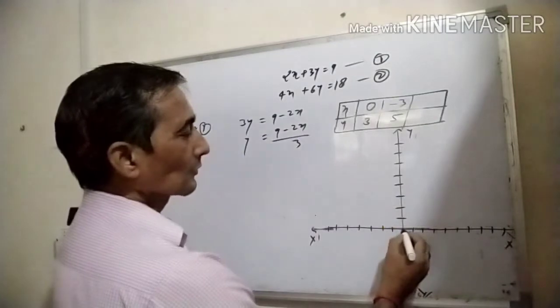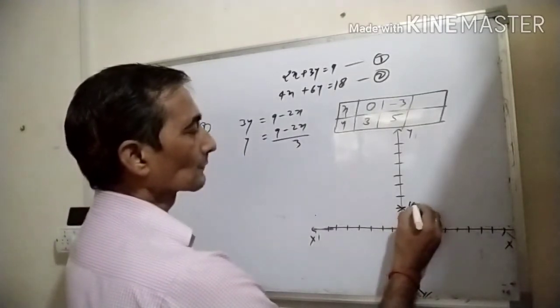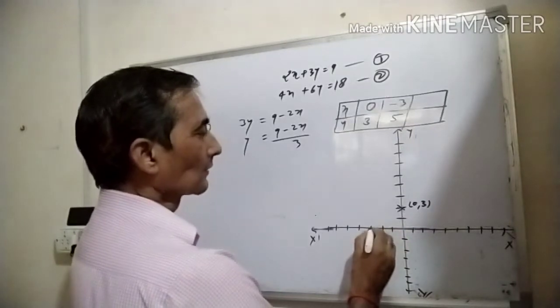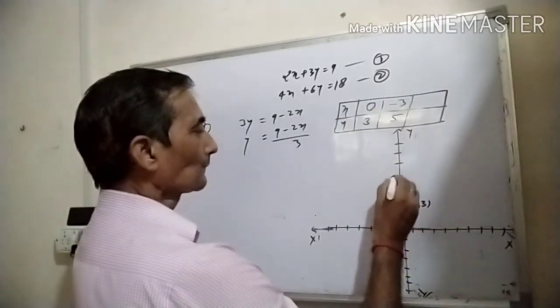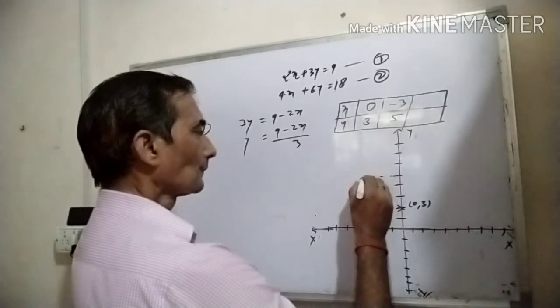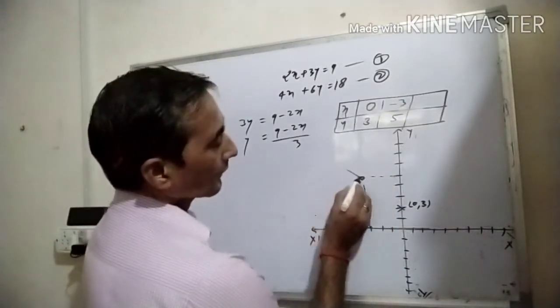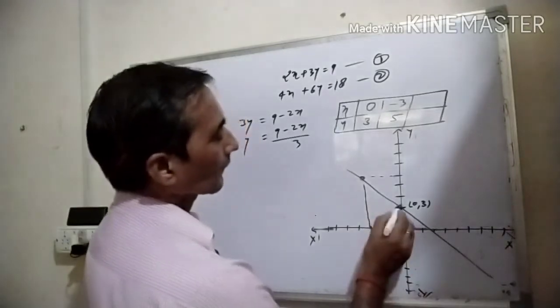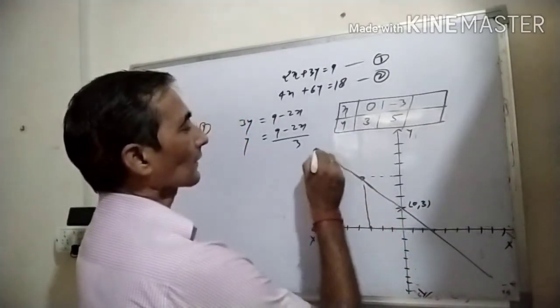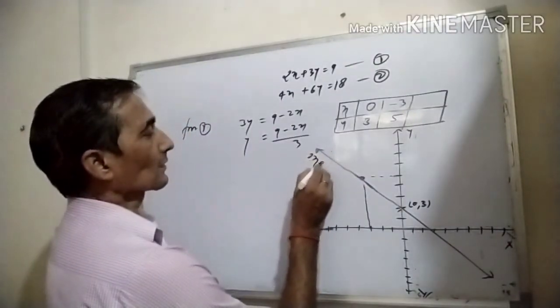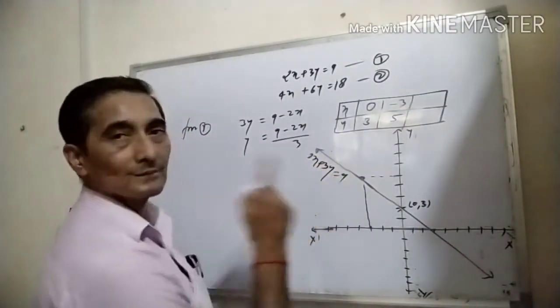The point (0, 3) is here, and minus 3 and 5, minus 3, 1 2 3 4 5. Suppose that point is here, and join, and you will get a straight line like this, and this is 2x plus 3y equal to 9.